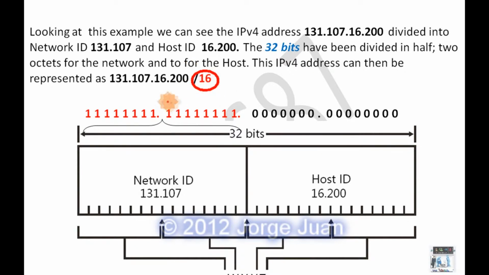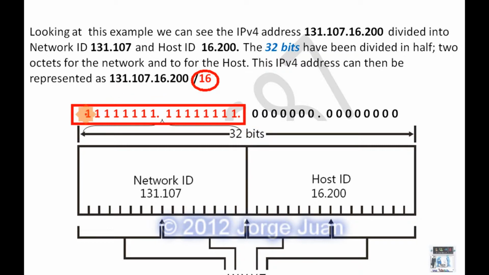Now the 16 means that the first two octets, these ones right here, the first 8 and another 8 here, are 16, and that these are set to 1 and represent the network ID part of the address.